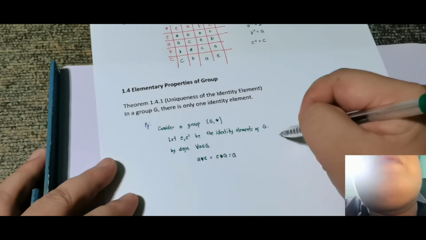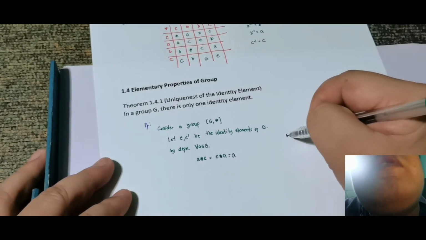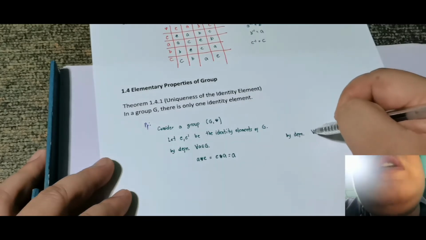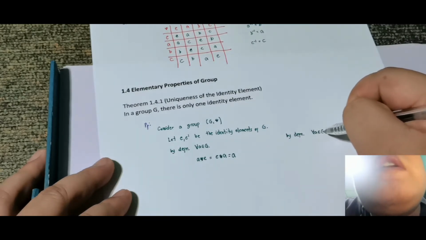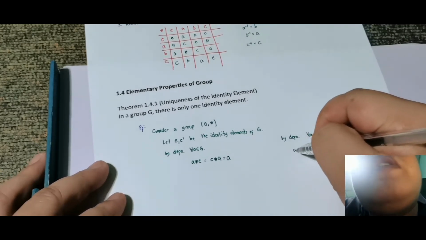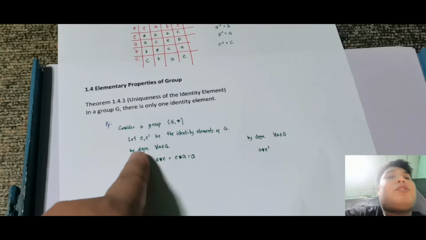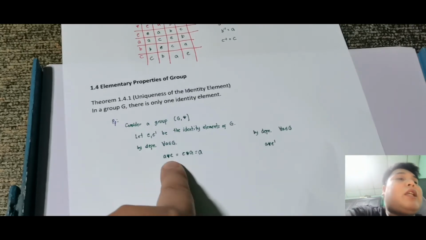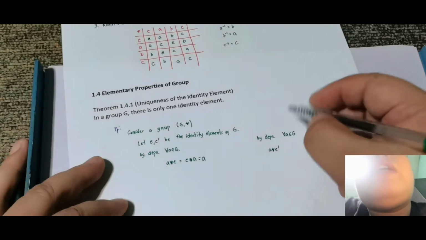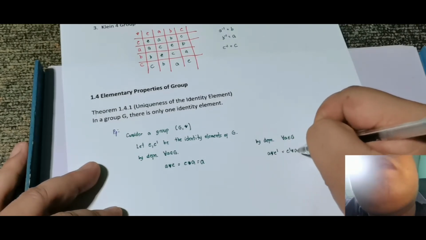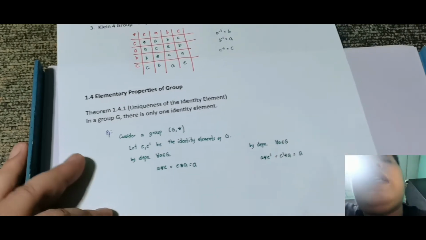Okay, next is by definition ulit dito tayo. So by definition again, so for all A element of G, we have A asterisk E prime. So meaning knowing the fact na si E prime is also identity, so kaya na rin gawin yung ginagawa ng E na identity natin. So A asterisk E prime is equal to E prime asterisk A is equal to A.